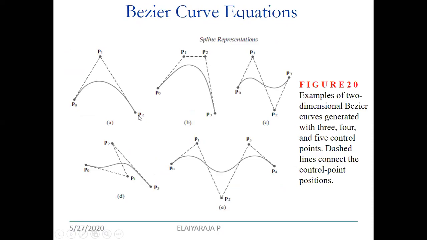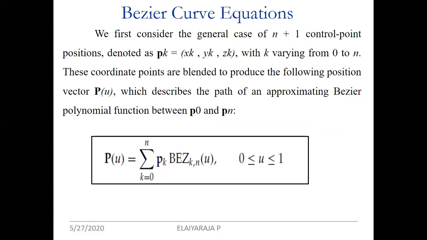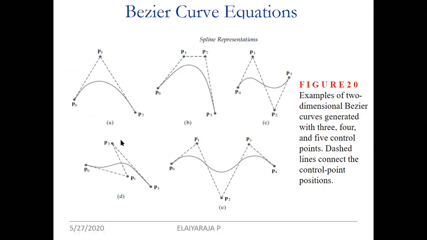So with respect to the x coordinate, when you calculate, you have to write with respect to x0, x1 and x2 and the Bezier function B k,n of u. What this u defines between 0 to 1 is the travelling between two different endpoints. The initial point is p0 and the endpoint is p2. The curve travels starting at p0 and ending at p2, right?